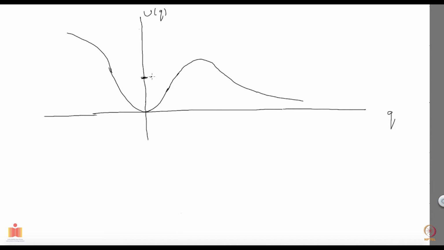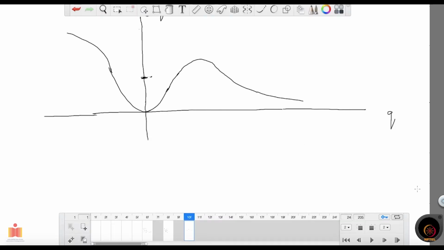You will understand why I'm doing so. Maybe I can choose some color. Okay, so this is E.